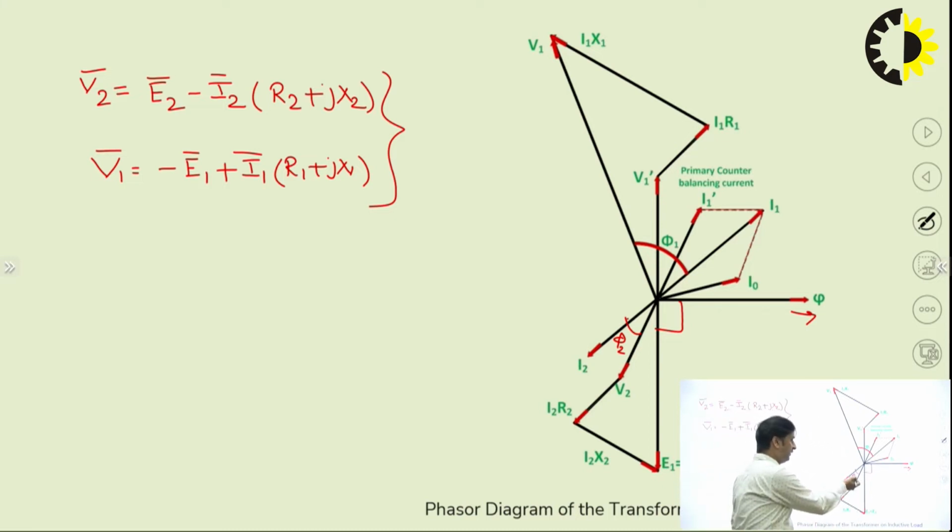If phi 2 is the angle by which the current lags the voltage, it is called phi 2.